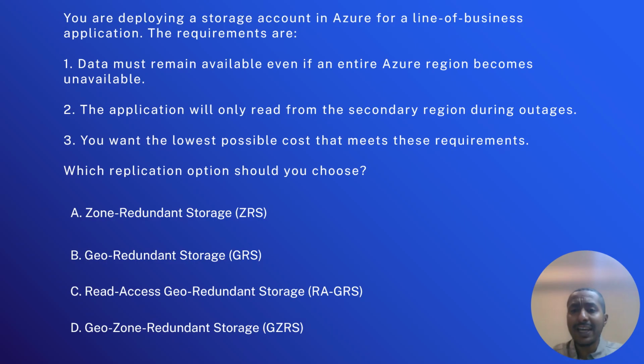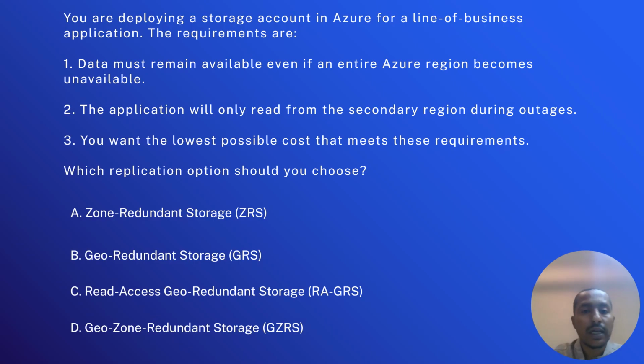You will only get the failover. As we mentioned, you either need to initiate the failover manually, or Microsoft needs to take that action on your behalf. Otherwise, you won't be able to read the copies in the secondary region. And since the question says the app will read from the secondary region, GRS alone won't work, and this is why this is also a wrong answer.